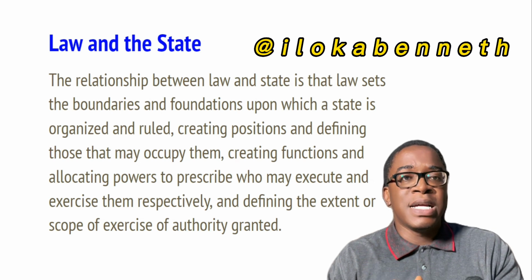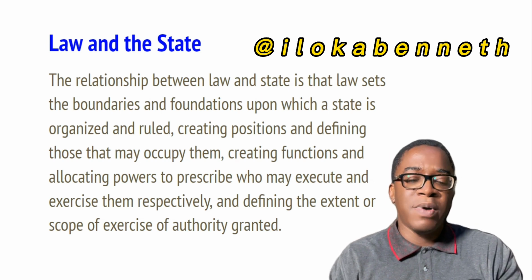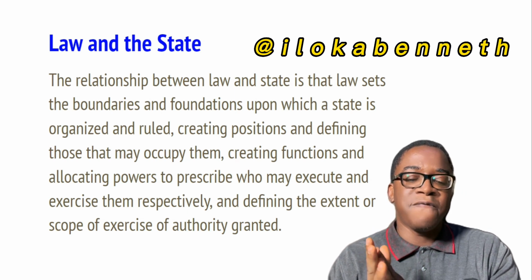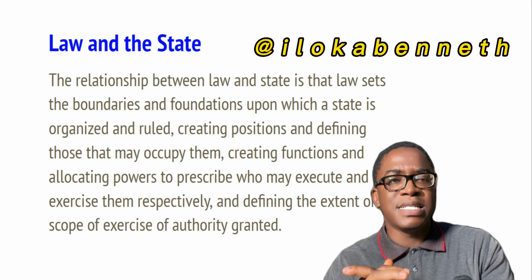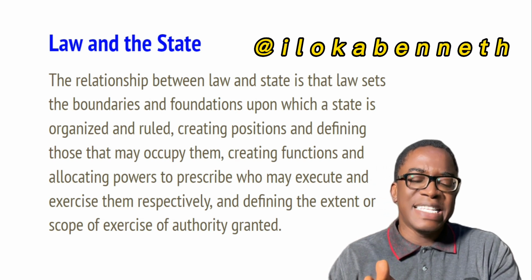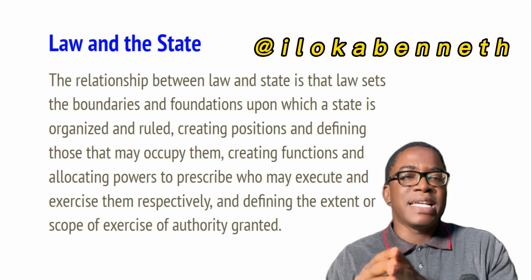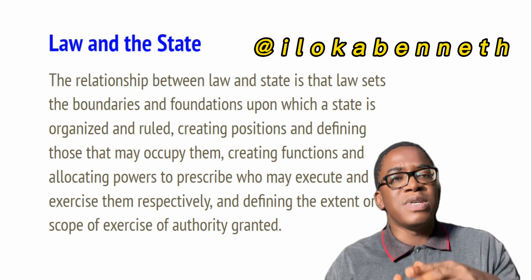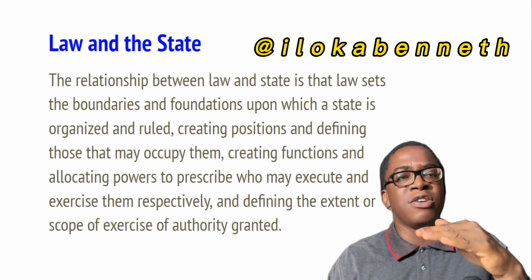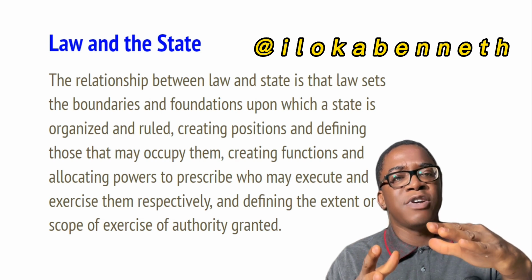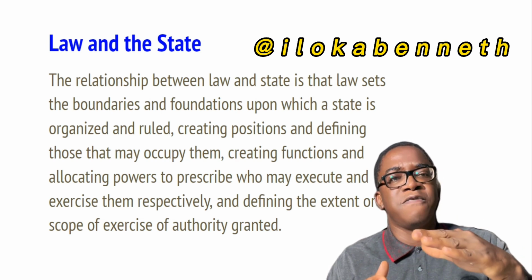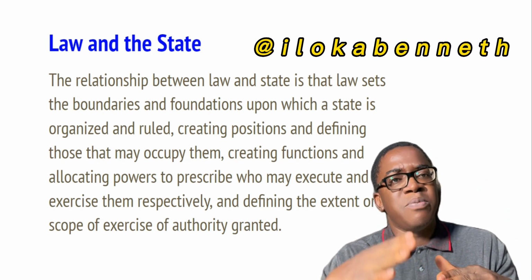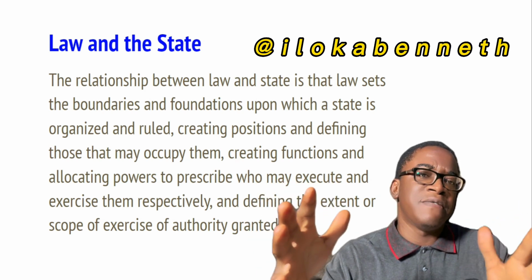Okay. Additionally, it aids in creating functions and allocating powers to prescribe who may execute and exercise them, respectively. And finally, the relationship between law and the state is that law ensures in defining the extent or scope of exercise of authorities that are granted. So it limits the ability of a governor to engage or execute functions that are designed for the legislatures, or functions that are designed for a president, even though they are both within the executive arm of the government.